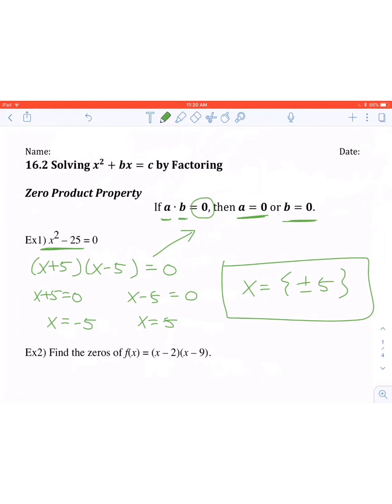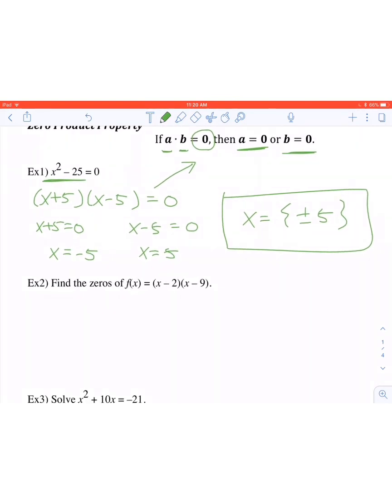Alright, so let's take a look at example 2. Same idea here. But in this case, they worded it a little differently. They said find the zeros of f of x. What it ultimately means is what is the value of x when the product is 0. So same thing, I'm just going to rewrite this as x minus 2 times x minus 9 is equal to 0, as that's what they're asking you to find.